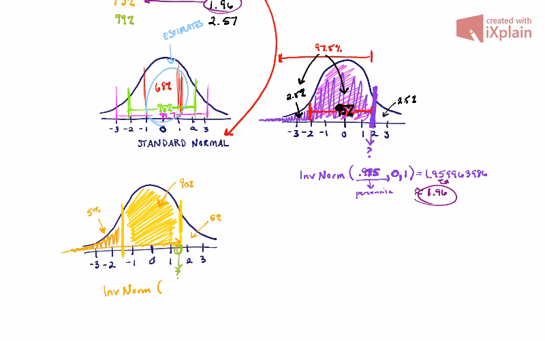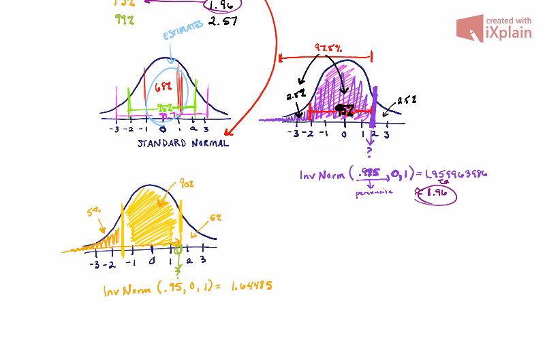So our percentile in this case will be the 90 plus 5%, or 0.95. Our mean is 0, and our standard deviation is 1. If you were to calculate this, we get the following solution. We get 1.644853626.